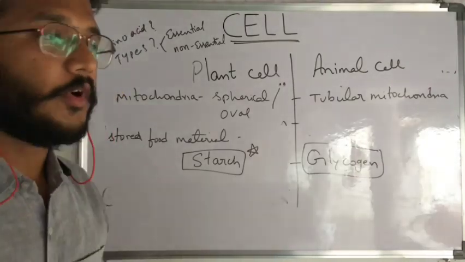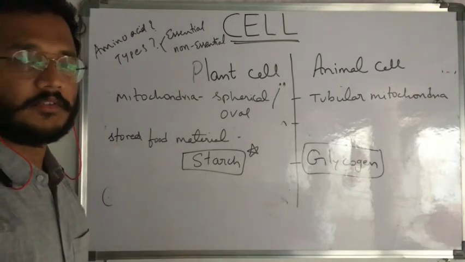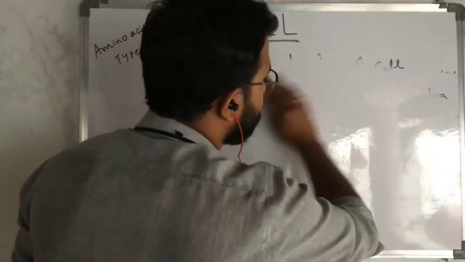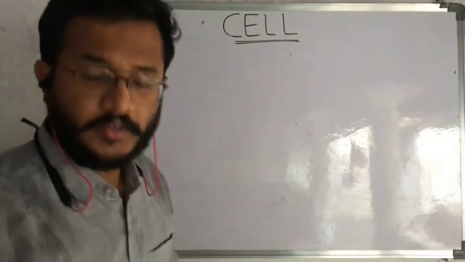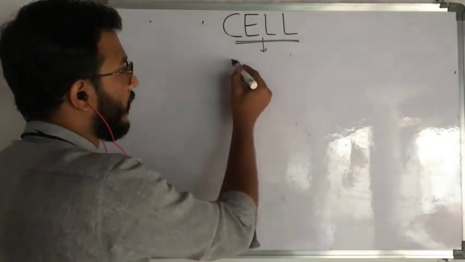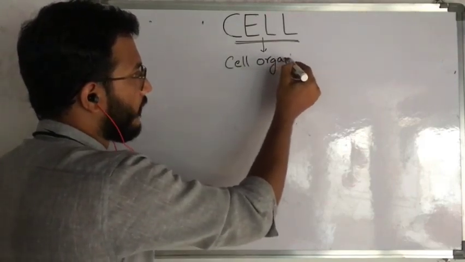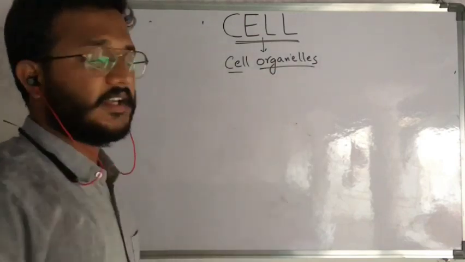Okay, now we are going into the ultrastructure. We are going deeper into the parts of the cell. In a cell we have too many parts, which are called cell organelles, present inside the cells.